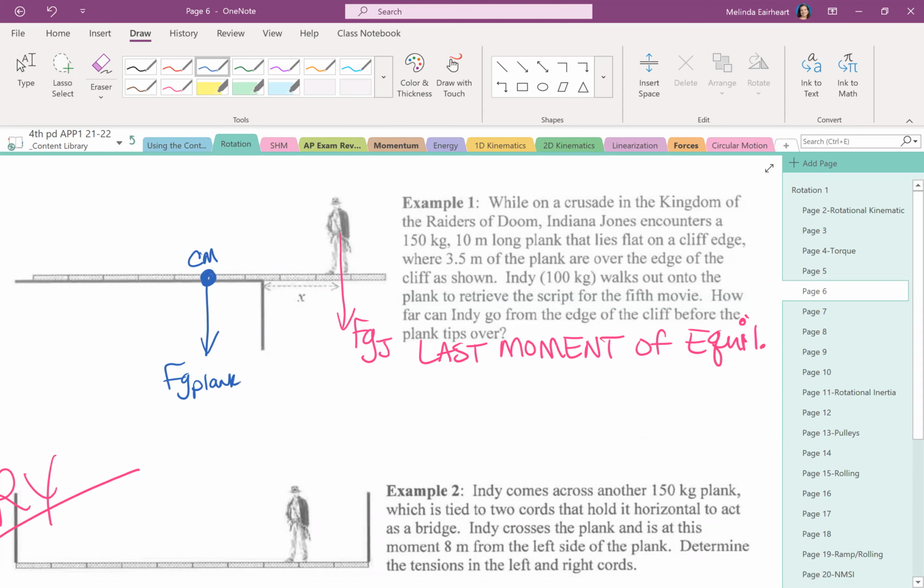And so the last moment of equilibrium, go forward in time. Isn't it true that at some point your board may shift like so? The last moment of contact with the cliff is right there at the edge. And so this last moment of equilibrium before it shifts, this is where we get a maximum normal force.